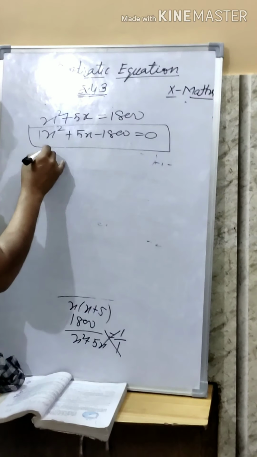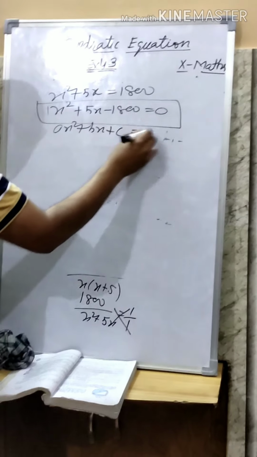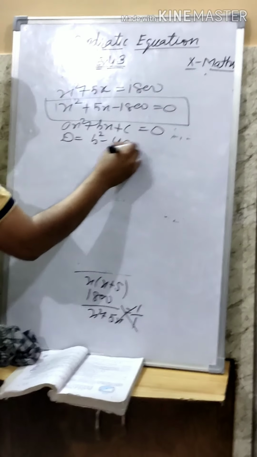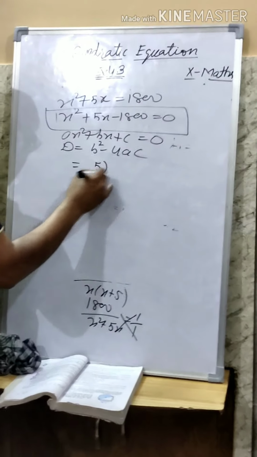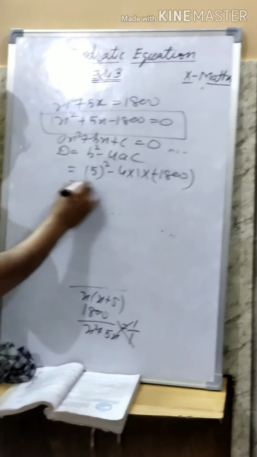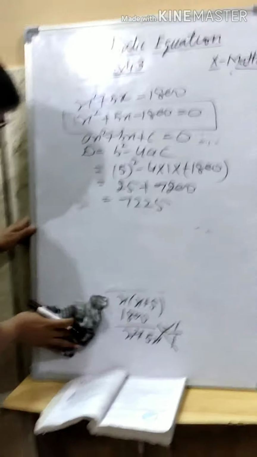If you use the D method, then you see ax square plus bx plus c is equal to 0. So first you find out D, b square minus 4ac, 5 square minus 4 into minus 1800. So 25 plus 7200, that is 7225.